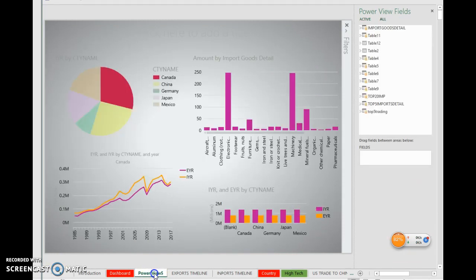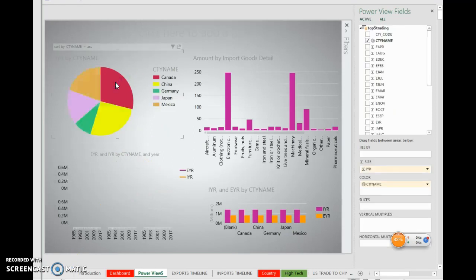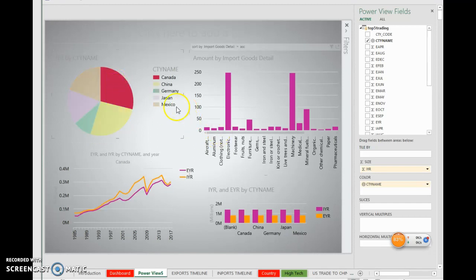Using Power View, I created a chart that tells us the top 5 import countries, the details about the top 5 import countries. Let's see what happened to Canada.